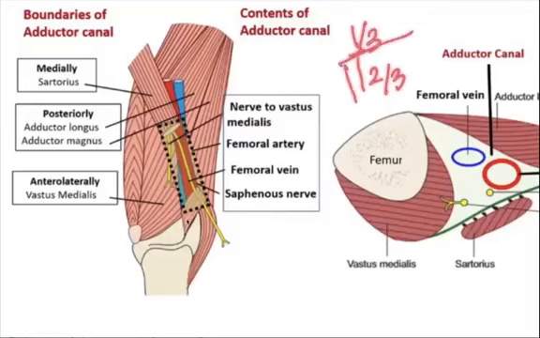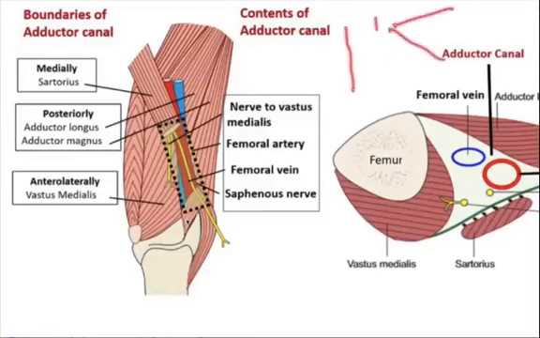This is the femoral triangle, and this is the continuation of the femoral triangle, the adductor hiatus, so it will go a little bit down.